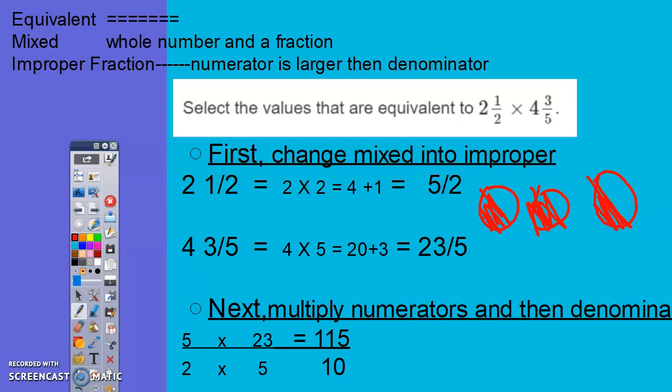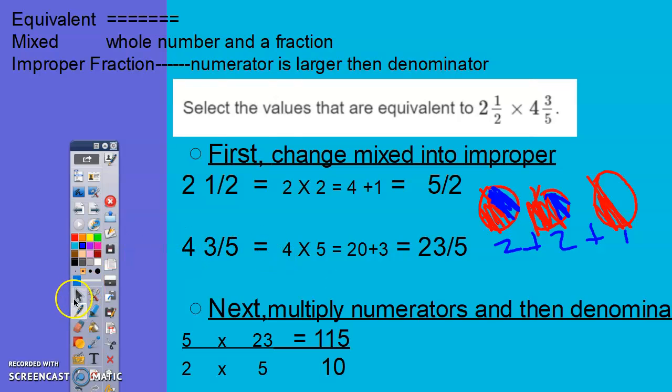So in reality, this is going to be 2 pieces, this is going to be 2 pieces, and this is going to be 1 piece. So when we add this together, it's 2 plus 2 plus 1, or 5/2, okay? Because each of these pieces is divided into 2 pieces.